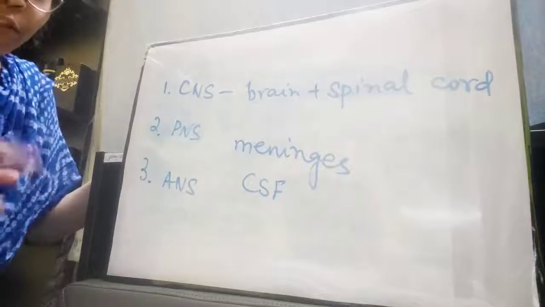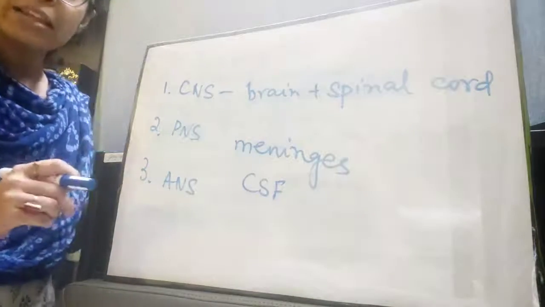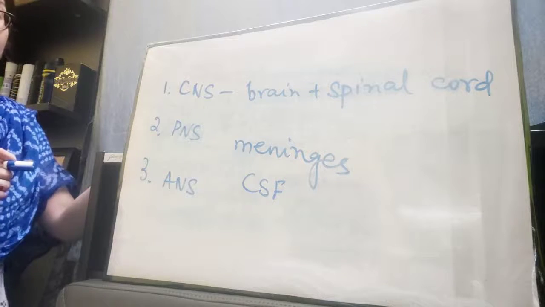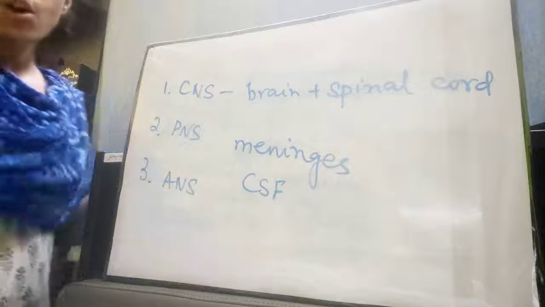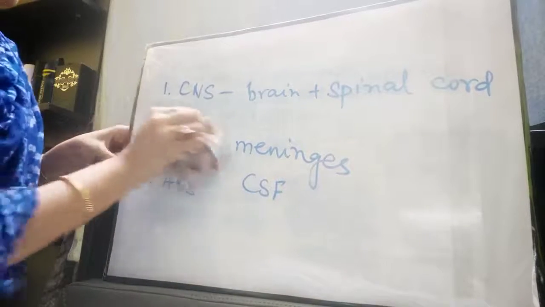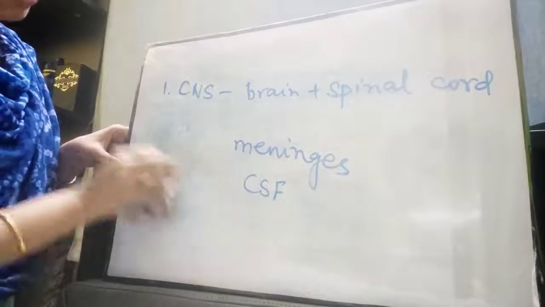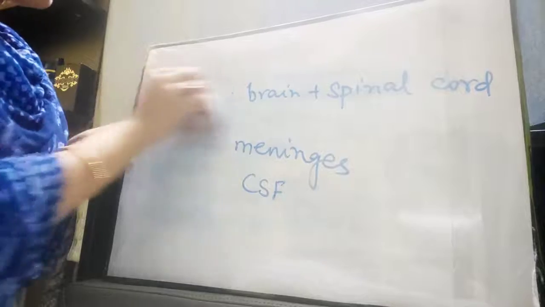Now let's talk about the different parts of the brain. To explain the different parts of the brain, I will have to show you a picture. Before that, let me tell you what are the different parts of the brain. So I will clear this out because we are starting a whole new topic of this chapter. Now what are the parts of the brain?